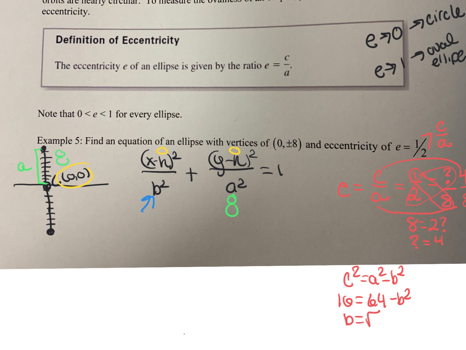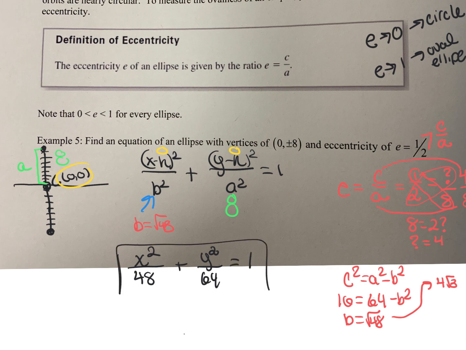B is going to equal the square root of 48, which is 4 root 3. But regardless, I don't really need to do that because I'm going to square this. So b equals the square root of 48. And now I can write my equation. x squared over square root of 48 squared is 48, plus y minus 0 squared, so y squared over 64 equals 1. There's your equation.